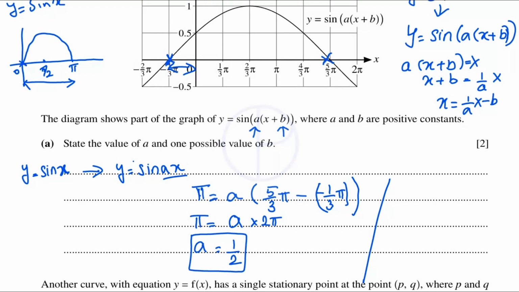So here it starts at 0, but here it starts at negative 1 over 3. That negative sign indicates it's moving towards the left side. So b value is nothing but this distance. Okay. Which is 1 over 3 pi, or pi over 3.